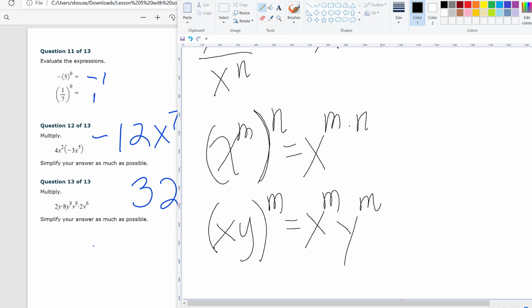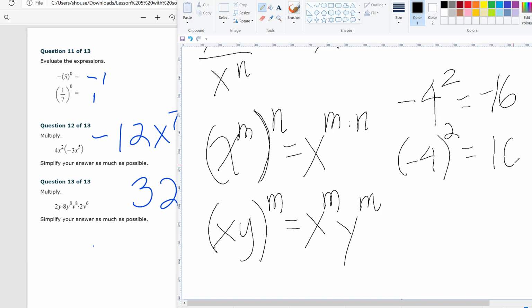Remember to always use parentheses if you see it in the problem, if you're doing it on the calculator, and know that there is a difference between the opposite of 4 squared and negative 4 squared. This one is negative 16 because the sign is not affected by the power, and this one is positive 16.